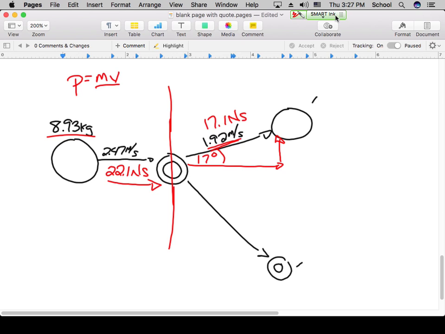So now we can break this apart and we can say, hey, this sideways part is going to be the opposite side, so I'm going to use sine over here, and this side is going to be the adjacent side, so I'm going to use cosine over here. I get 16.4 over here.